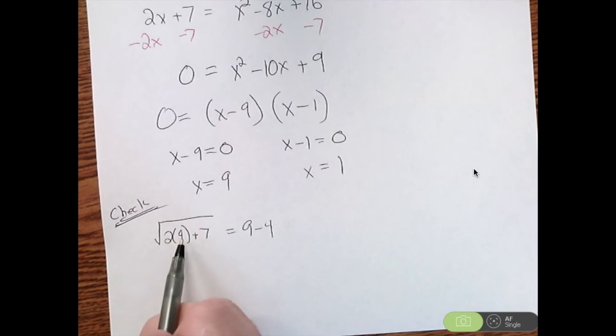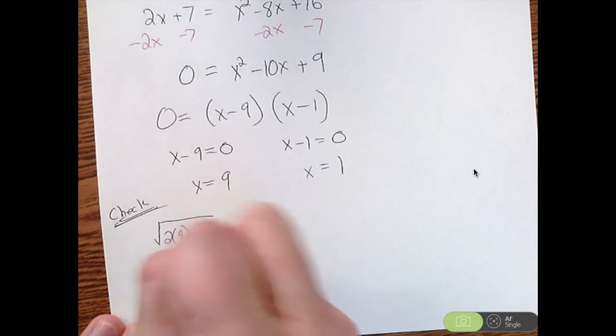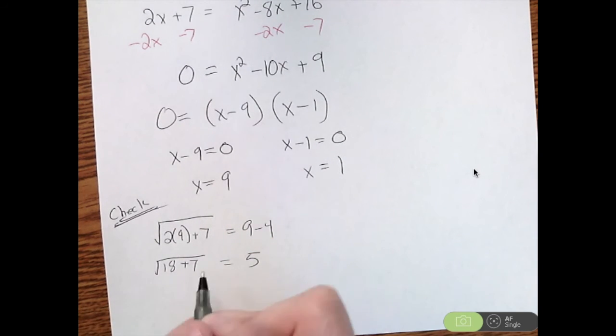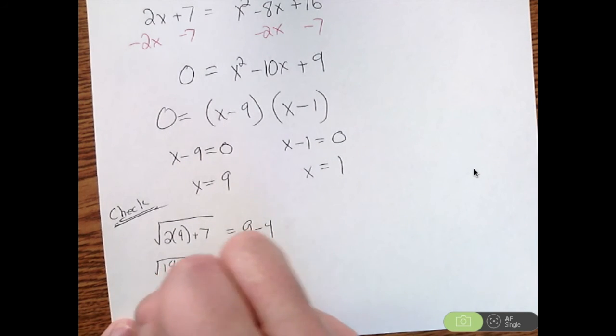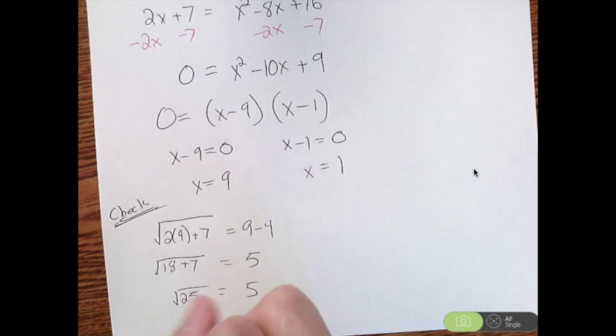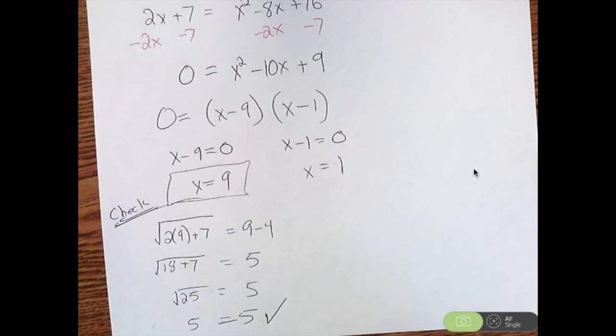Inside I have 2 times 9, which is 18, so I have 18 plus 7. Over here, 9 minus 4 is 5. 18 plus 7 is 25, so I have the square root of 25 equals 5. Well, the square root of 25 is 5, so I have 5 equals 5, so that's good to go, and I know x equals 9 works.